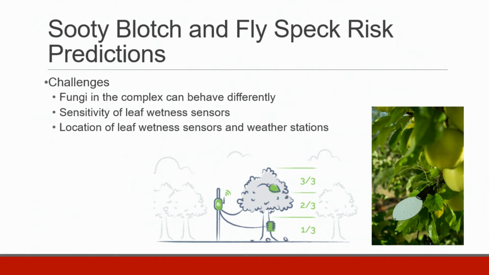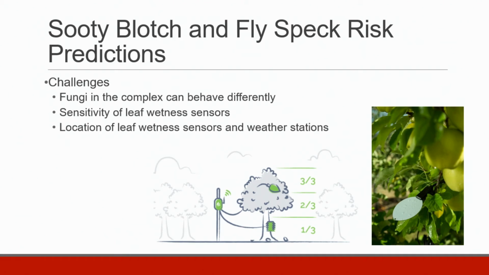A second challenge is that the model does not factor in summer fruit rot diseases. Therefore, delaying the first post-petal drop fungicide application based on the sooty blotch and fly speck risk may increase the risk of fruit rot infections, since fruit rots are managed simultaneously with sooty blotch and fly speck.